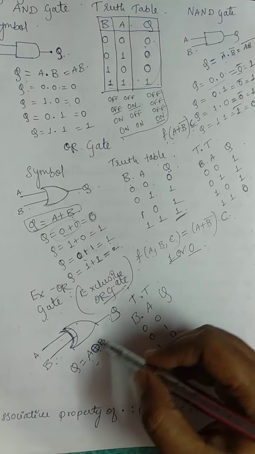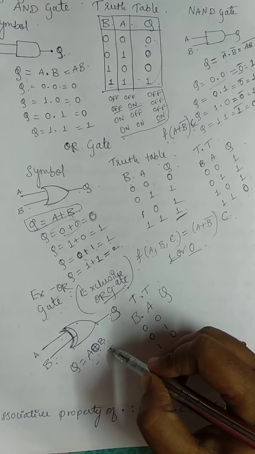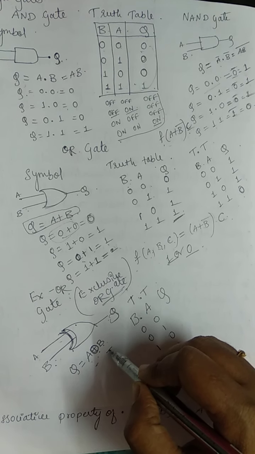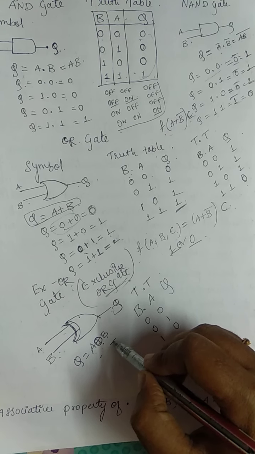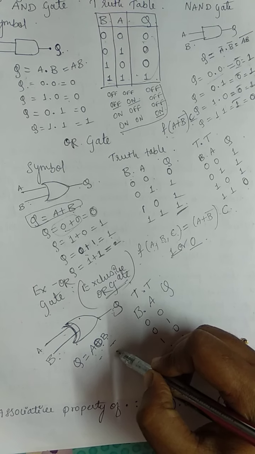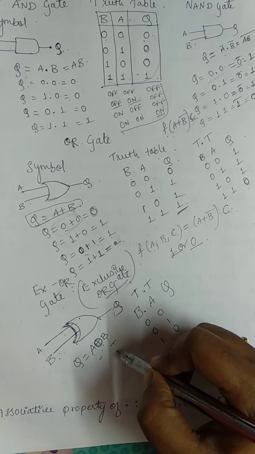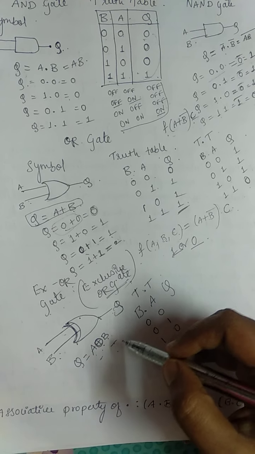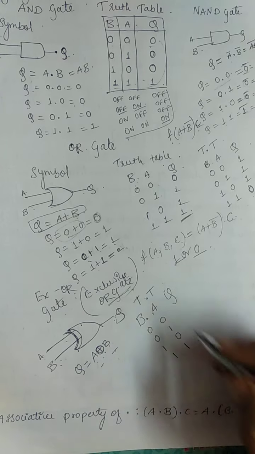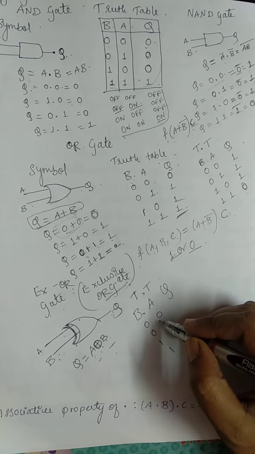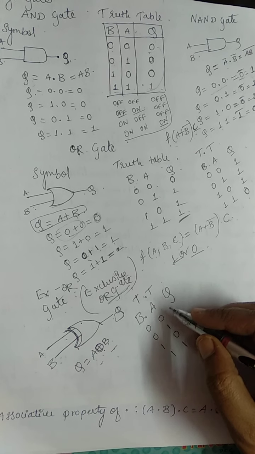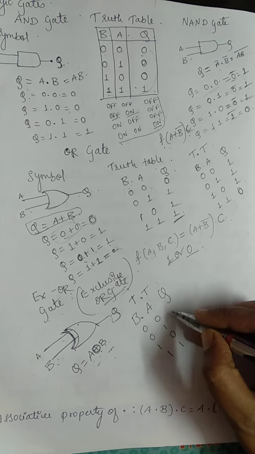Whatever the values of A and B, these are the combination of the OR gate, but both values together do not give an even result. If both values are 0 and 0, it will be 0 plus 0, which is 0.